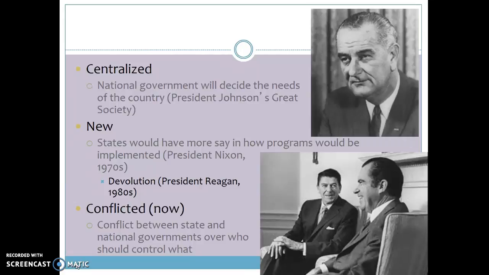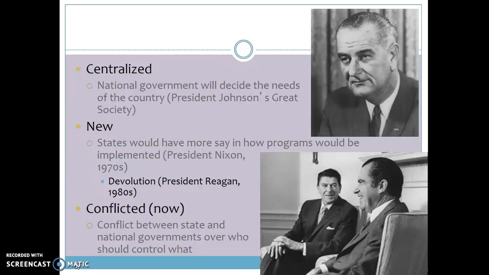So for cake analogies, I had to think really hard about this. Centralized, I think a good analogy would be Martha Washington's Great Cake, which I will upload a recipe to. It's this massive cake that has everything. It's got like 40 eggs in it and 4 pounds of sugar, and it's full of liquor. And it was served at both of George Washington's inaugurations. But the idea is, it's got everything you need in it, and you can't have anything left over for any other state government or whatever if you've eaten one of those things.